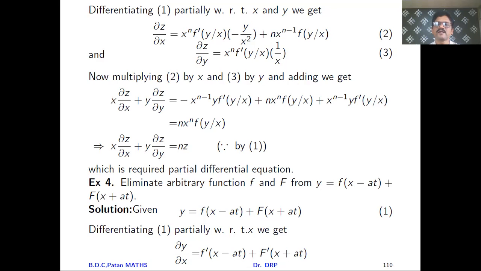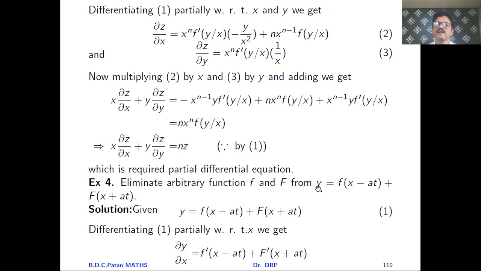So remember one thing in your mind, here y is a dependent variable which depends upon x and t. So that's why while differentiating with respect to x, y is not constant, but it is a function of x and t. And similarly, while differentiating with respect to t, again it is not constant, but it is a function of t.